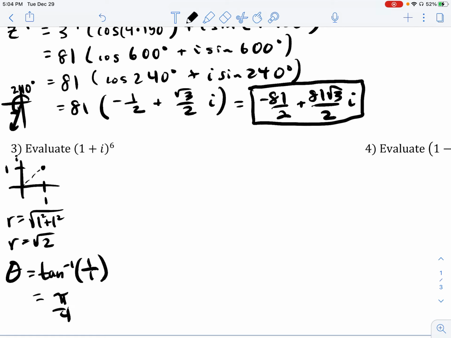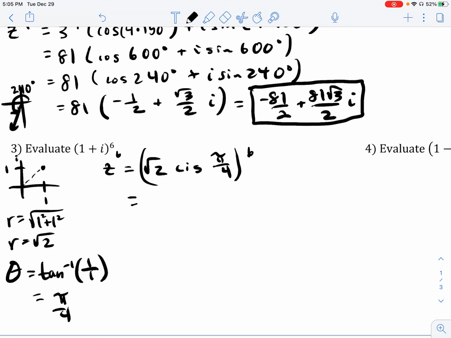So this complex number, 1 plus i, is the same as writing z is equal to r, modulus √2, cis pi/4. Now, I'm going to take this complex number that's in trig form, and I'm going to raise it to the 6th power. And using DeMoivre's theorem, that's way easier than actually taking this original standard form and multiplying it with 6 factors.